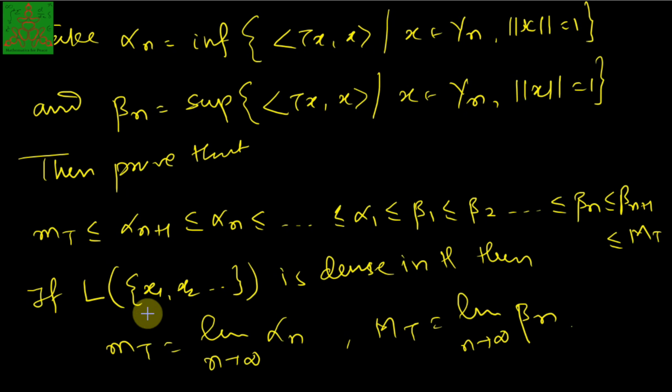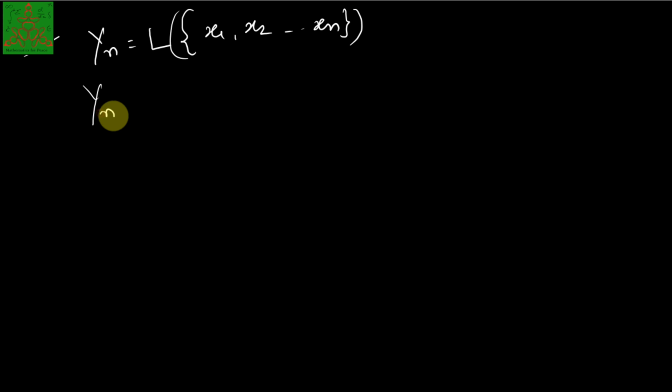And if this linear span of all these elements is dense in H, then alpha n converges to small m and beta n converges to capital M. Let us try to prove this statement. The first thing we can note is that Yn is a linear span of x1, x2 up to xn, and Yn plus 1 is always a superset of Yn.